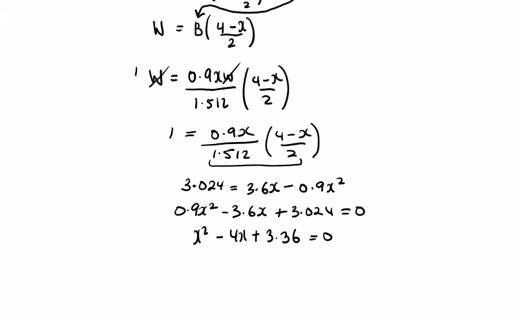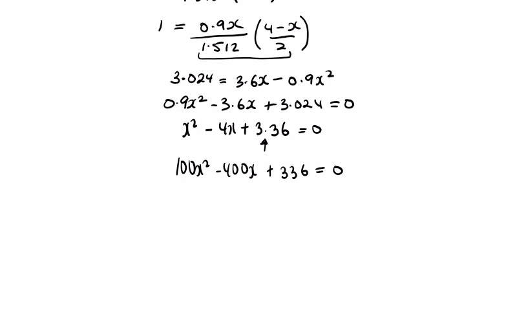plus 3.36. Now we need to multiply by 100 to get rid of the decimal: 100x squared minus 400x plus 336. You'll probably just type this into your calculator and use the quadratic formula, which is probably easier. But looking here, 56 by 6 is 336, and 28 by 12 is also 336, and 280 and 120 would give us 400.